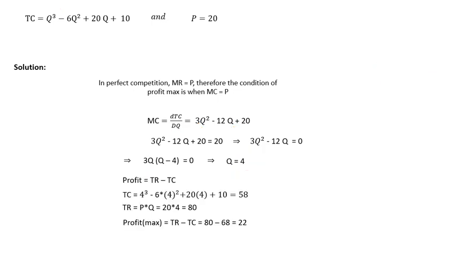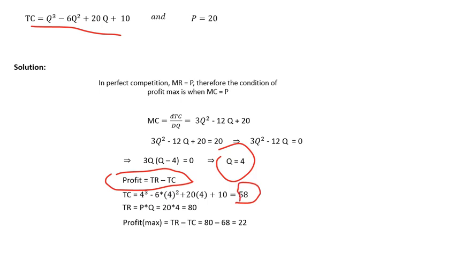To find the value of this profit, we replace Q equals 4. As we know, profit is total revenue minus total cost. So we replace 4 in the total cost function and we will get 58.